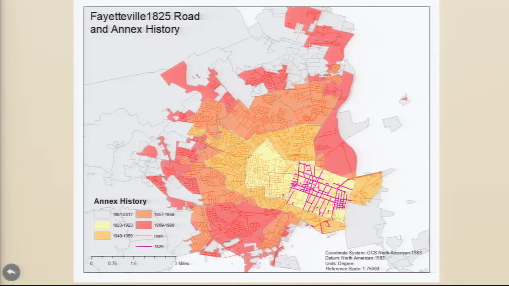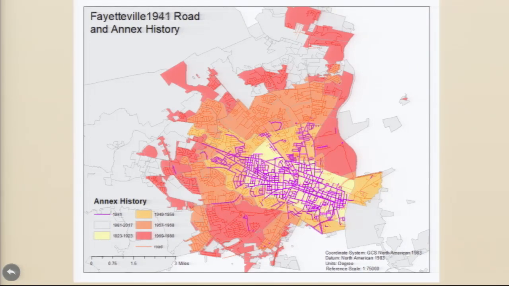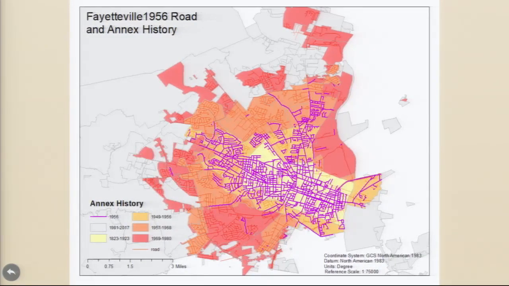This is a beautiful 1825, 29, 41, we're seeing a push. We still have this grid pattern formation going up, but you're seeing the expansion pushing. Here is 56. Now, the thing that got me the most is that you have this straight line, and some of you have heard about Fayetteville.